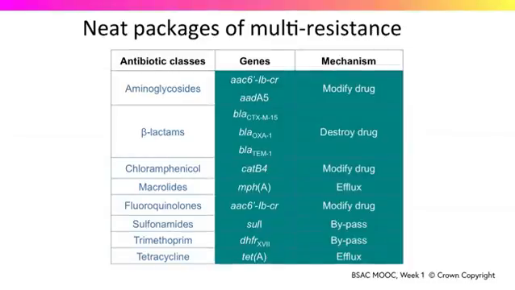And in the final column, you can see that this also represents many of those resistance mechanisms: modifying the drug, destroying the drug, actively effluxing the drug from the cell, or providing bypass mechanisms to overcome enzymes that are inhibited.